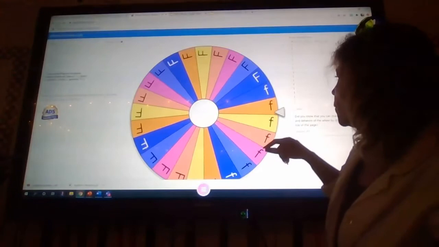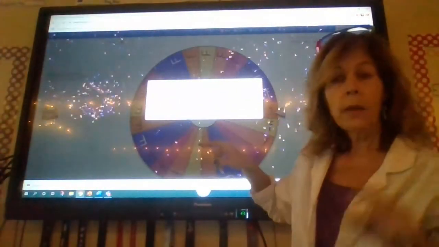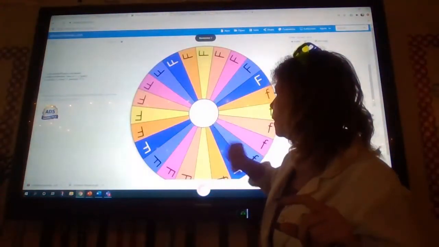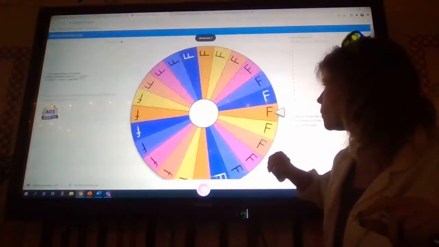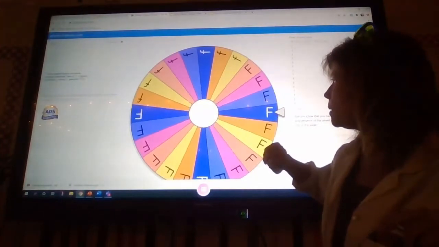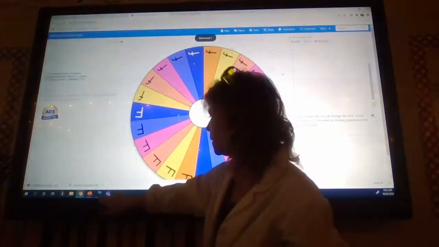Okay, so the first spin gives me a recessive trait. I'm going to remove it and spin again. And that gives me a capital F and remove. So let me go back to my data table.